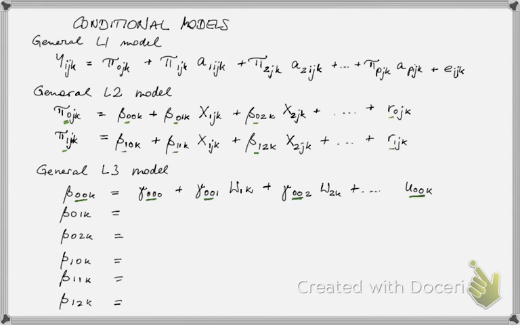And that way I can now copy that equation if I have the same predictors in there. And all I have to do now is a 0 1 0. And then you can just move forward. Gamma 0 1 2, all the way to U01k.